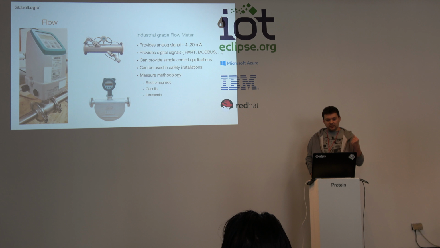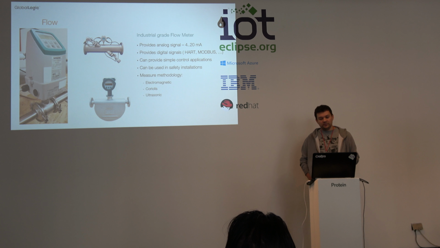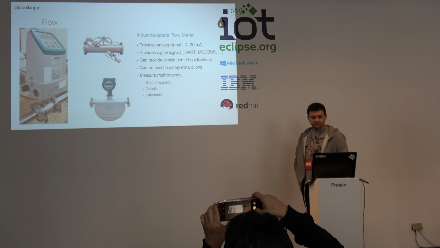So, for measuring water, we are using flow meters that are available on the market. You can buy them, and they tend not to have an Ethernet connection. So it's very hard to connect them, for example, to the Kura gateway or to other things. So we need to create some kind of intermediate system to connect them. The data model of those flow meters is based on registers.